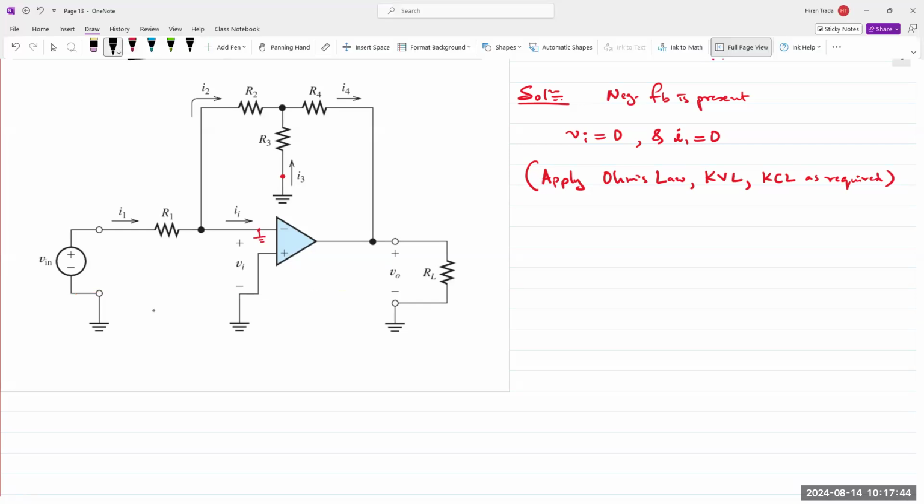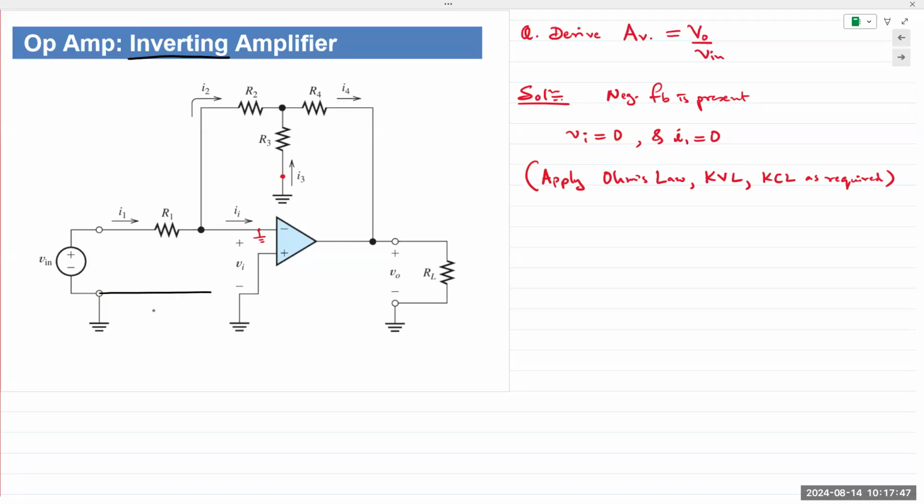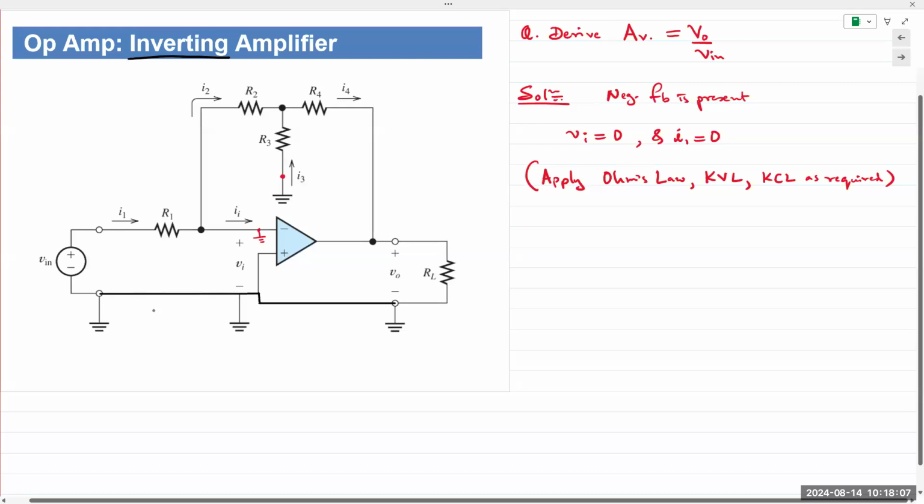So let me just draw out. And then from here, so all of these are connected together.